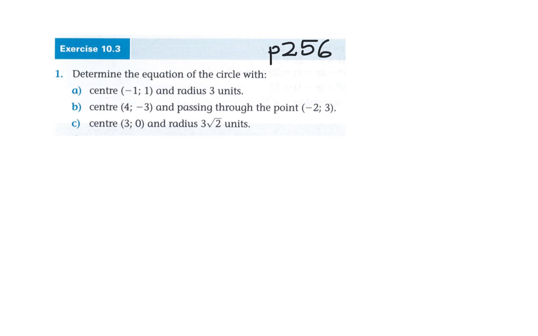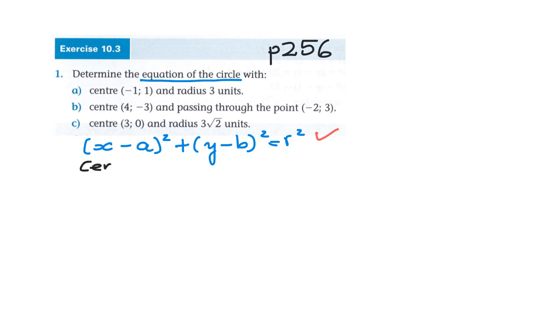Because we are asked to find the equation of a circle, you should start with the general equation, (x − a)² + (y − b)² = r², as your first step, where the center of a circle is always the point with coordinates (a, b). So if I look at the answer to question A, the center had coordinates (−1, 1).